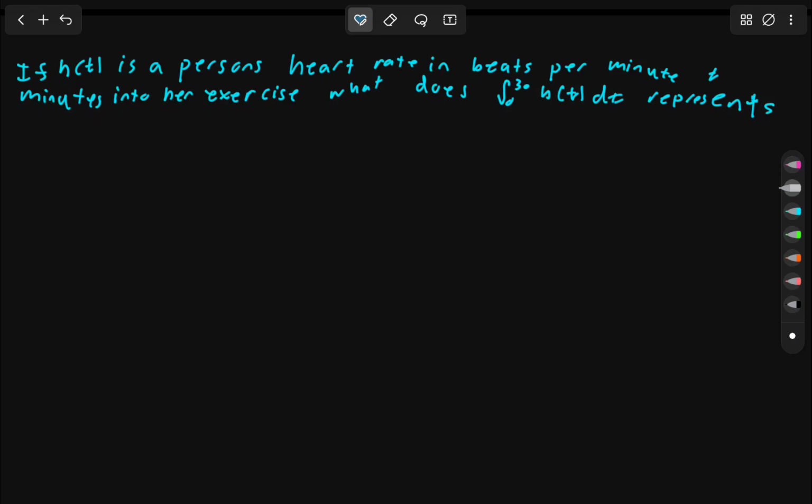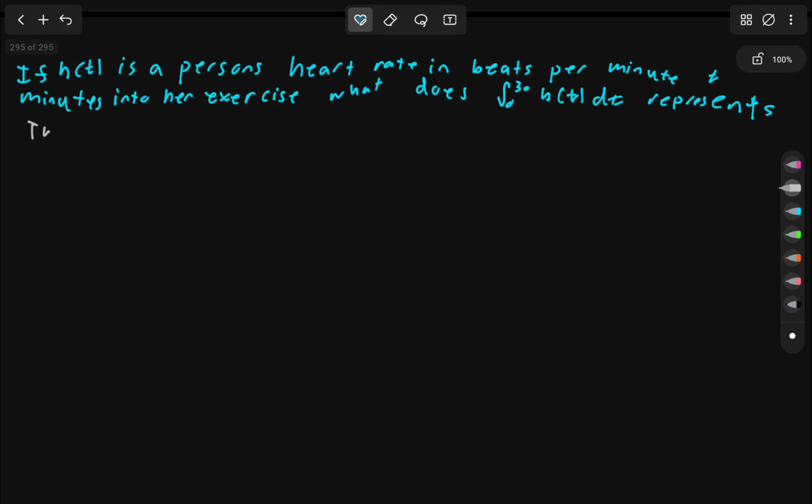So really what this represents is going to be the net change in beats from 0 to 30, or from 0 minutes to 30 minutes into the workout.